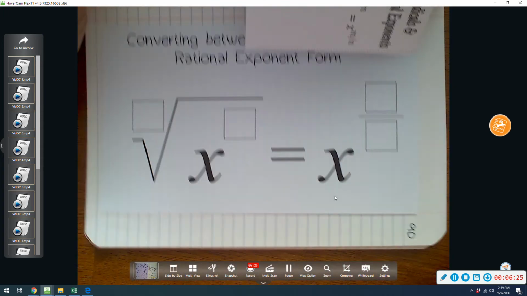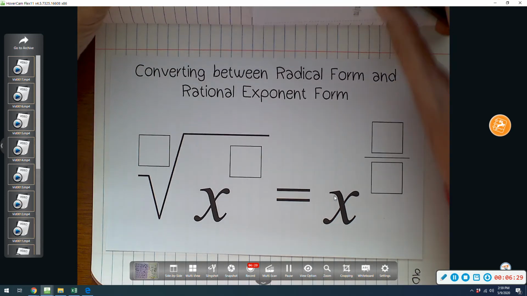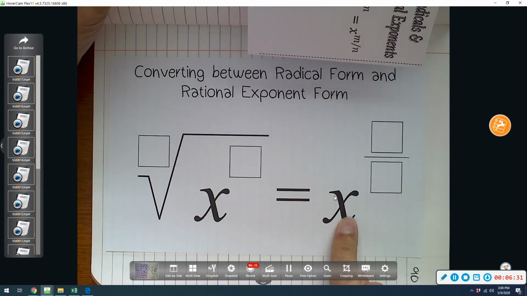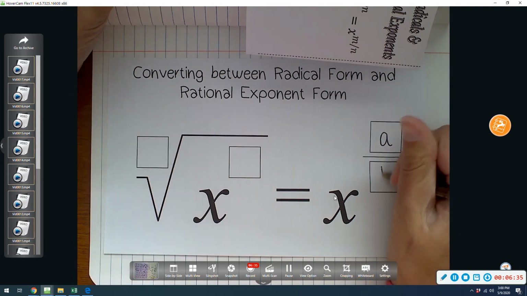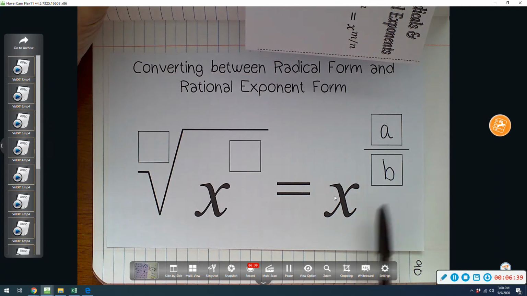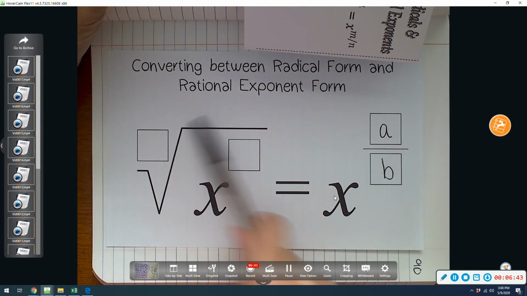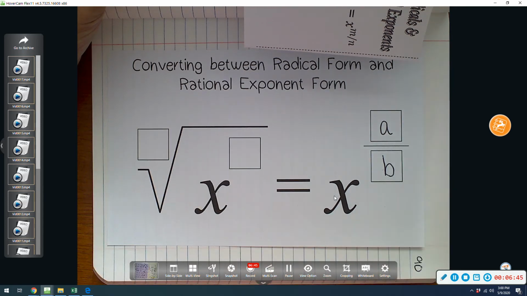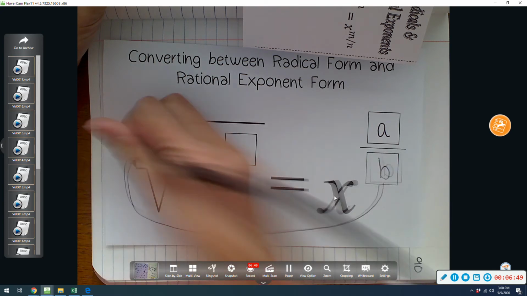So let's do this. This is what we hopefully just saw: if I have a number to a fractional power, any number on top over any number on bottom, and I put this on page 90, by the way, then I can rewrite that as a root, where I take the denominator and it goes outside as my root.